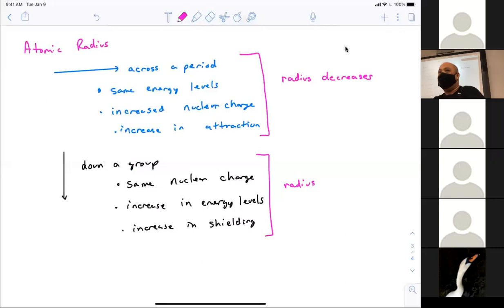So based on that knowledge, what do you expect the radius of an atom to do as you go down a group? It should get bigger. So the radius should increase.